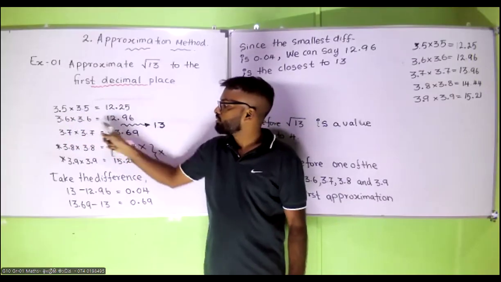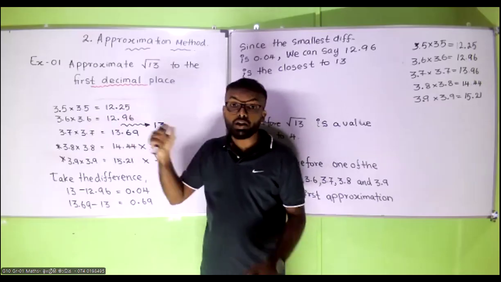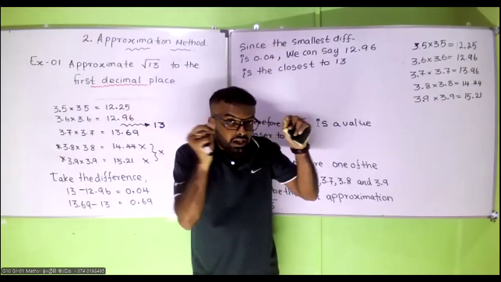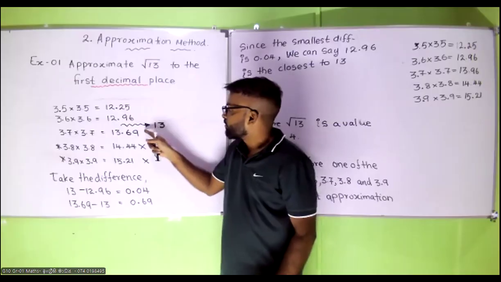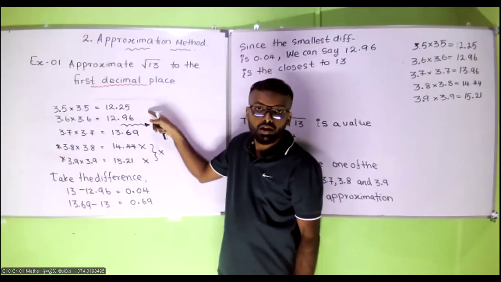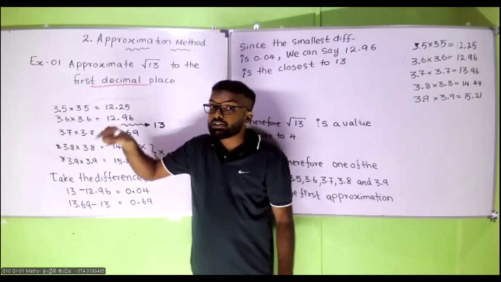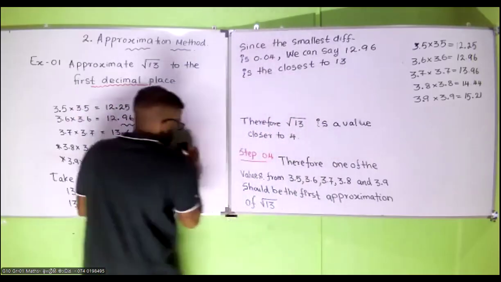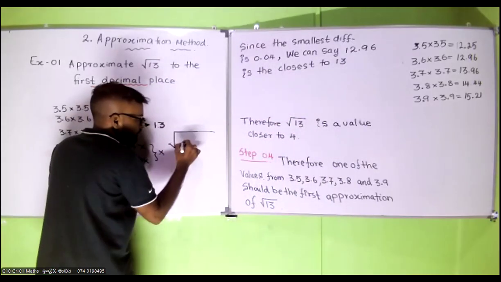This is the first approximation for 13 because 12.96 is the closest number to 13.